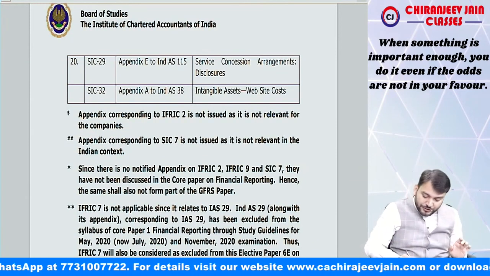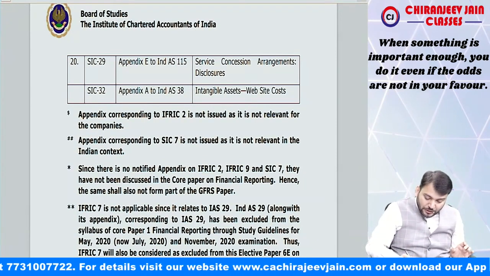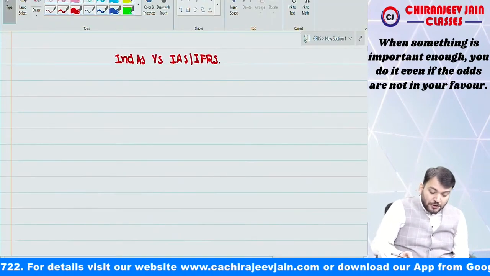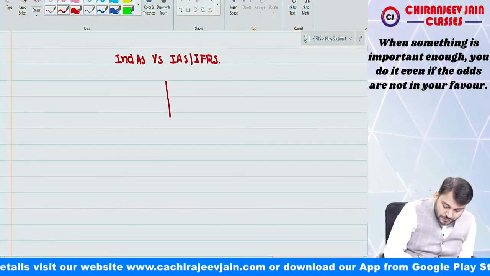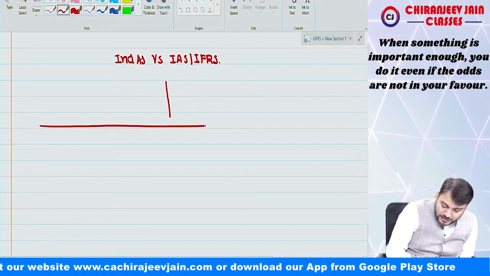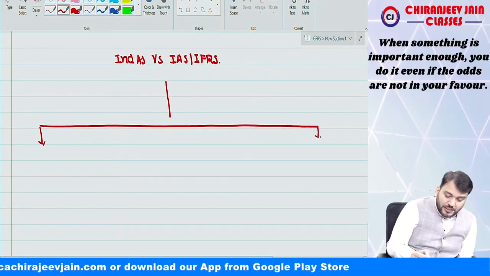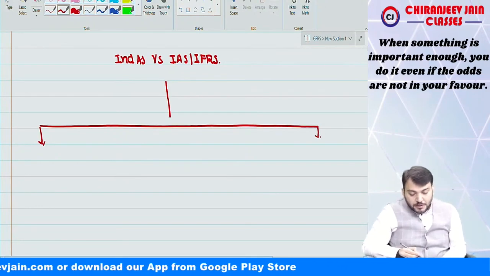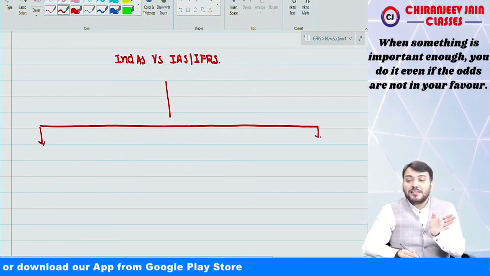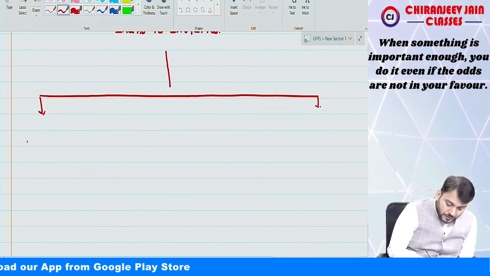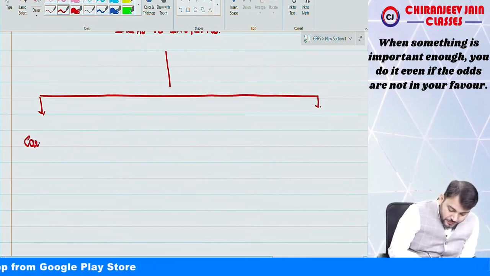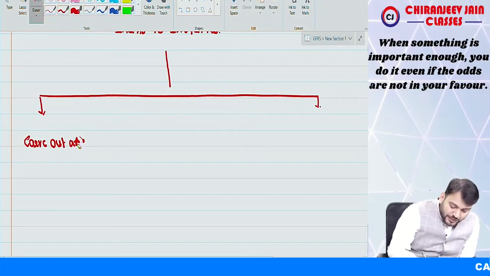Now coming to the difference part. So when we say difference, there are three types of difference between Ind AS and IFRS. First is known as carve out and carve in.